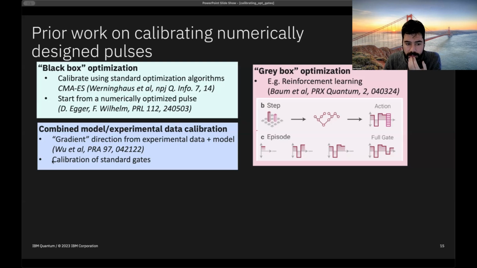Another thing I put in here is that standard calibration fits into this category too, in the sense that the way we calibrate, say, a Gaussian DRAG pulse assumes something about the model. Again, this connection between amplitude and rotation angle is used in the calibration scheme. So the model information is still being used. And that's in contrast to these, where there's really no model present at all, aside from what the optimizer starts figuring out about the problem in terms of how it searches the space.